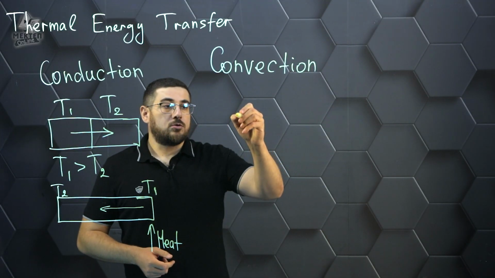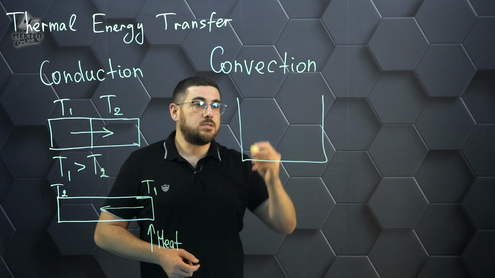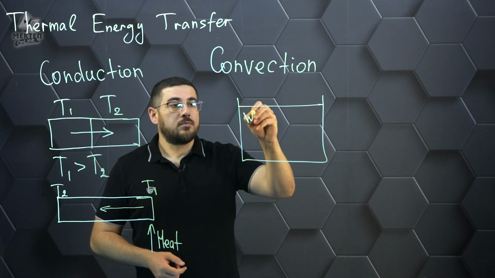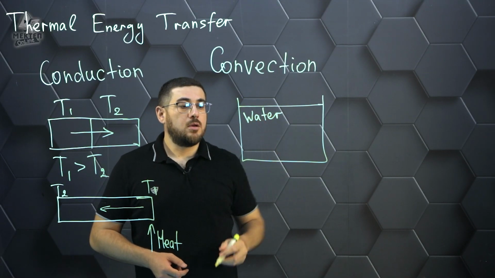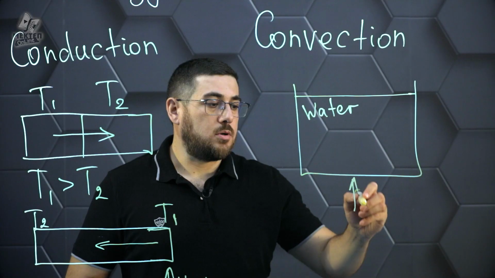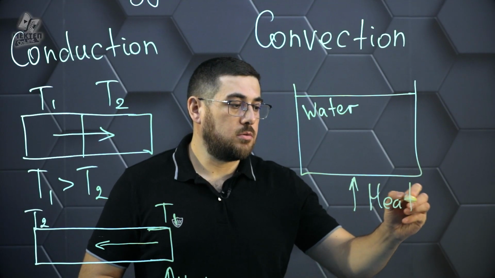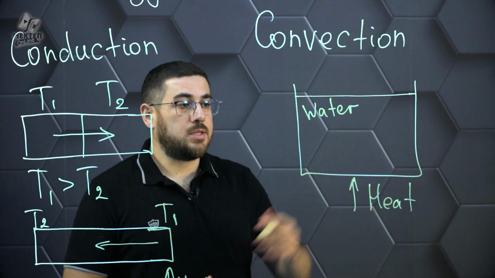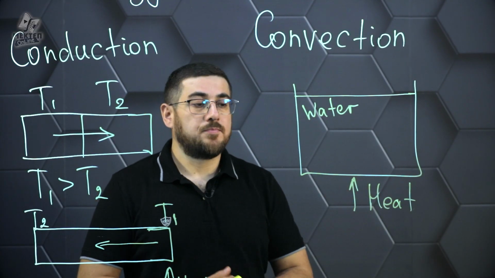Let's look at an example where we have a certain container of water, and we start to apply a certain amount of heat, a certain amount of energy at the bottom of that vessel. What will happen?